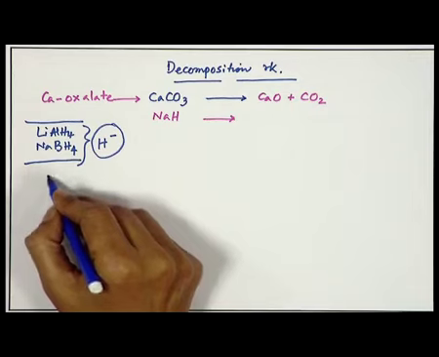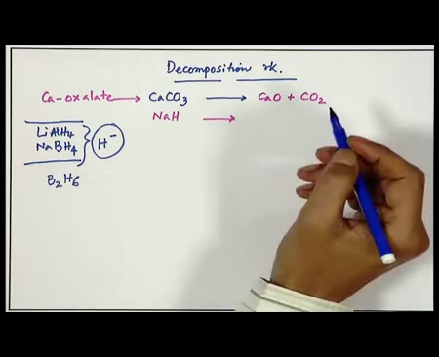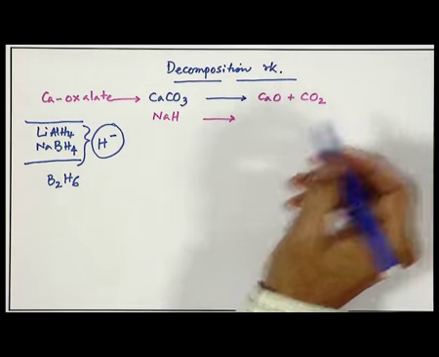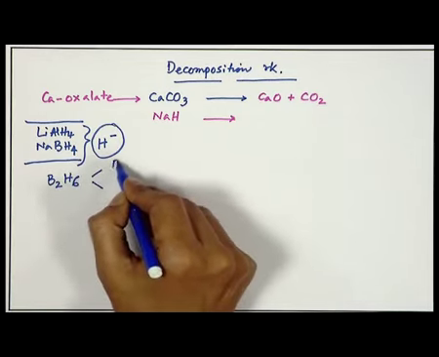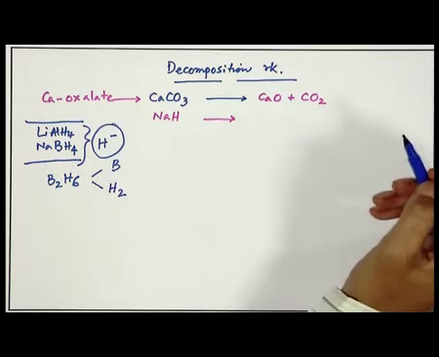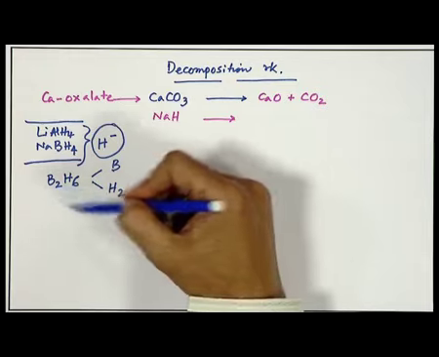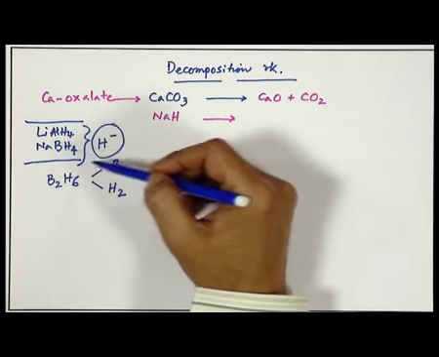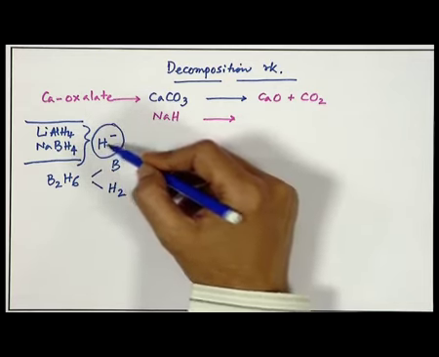Similarly, consider the thermal stability of compounds like diborane, B2H6. If that particular one is not thermally stable, it can simply go to elemental boron and hydrogen gas itself. Similarly, this is another boron hydrogen compound, but these are all aluminum hydride and boron hydride compounds from which we get the hydride ion.